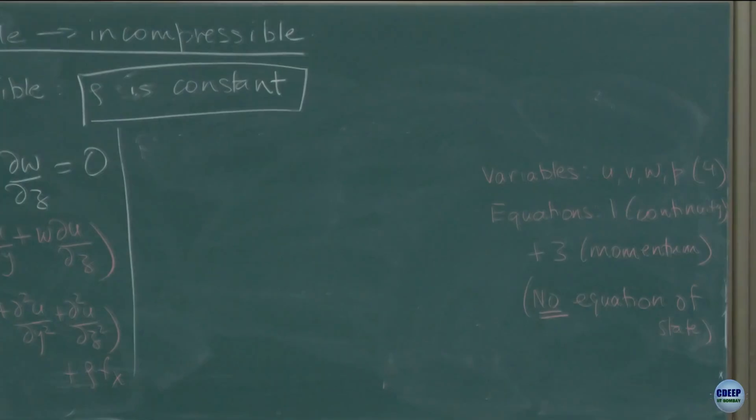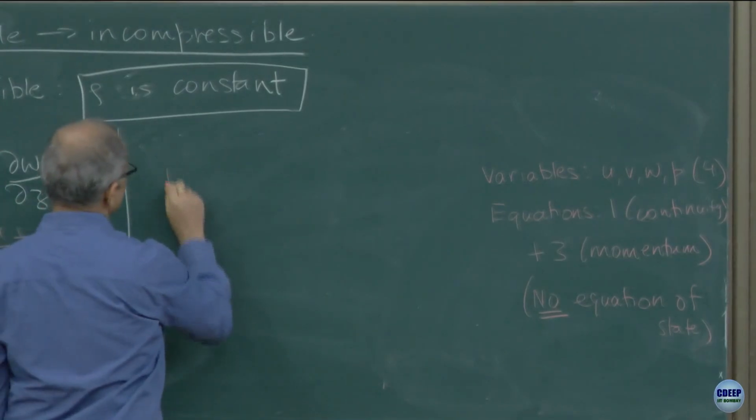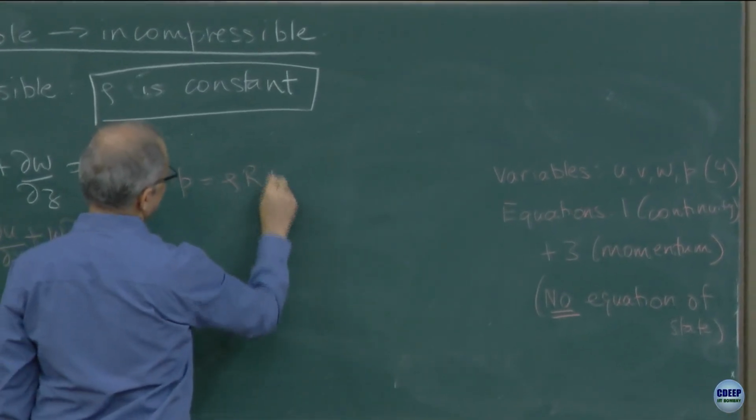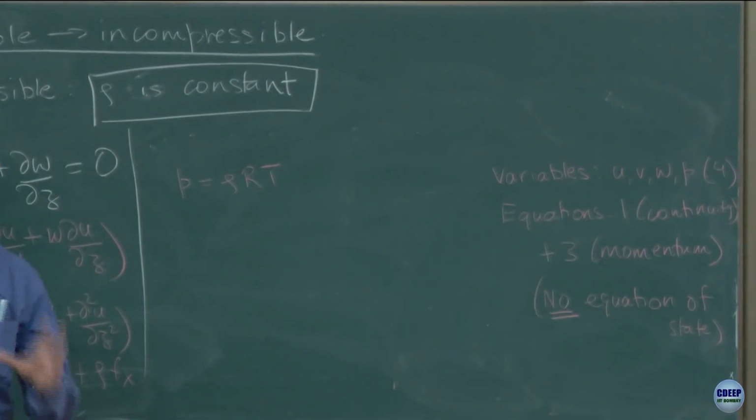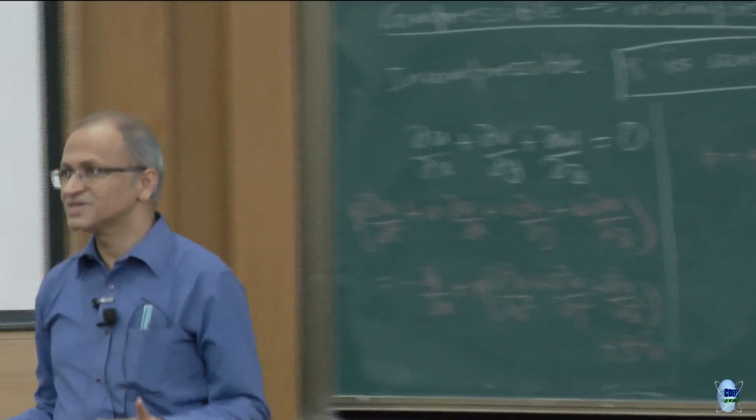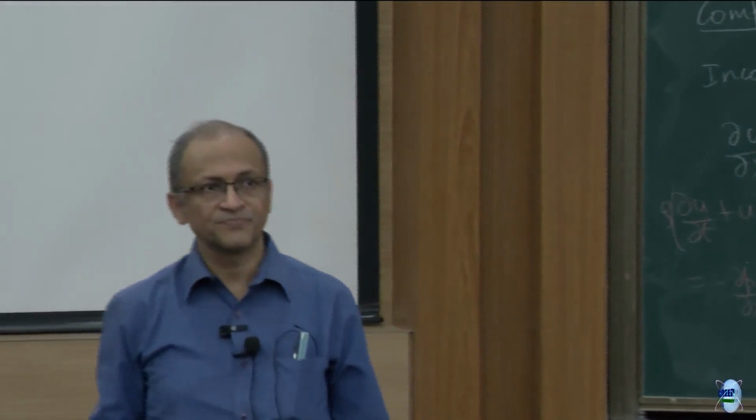Now just to give you an idea of why there is no equation of state, let us say I look at pressure is equal to rho RT. If I look at the flow in this room, which we know is an incompressible flow, and we are looking at isothermal, we can assume that, forget about the AC. I just take the room, turn on the fan. There is no change in the temperature that we expect to get of air within the room.